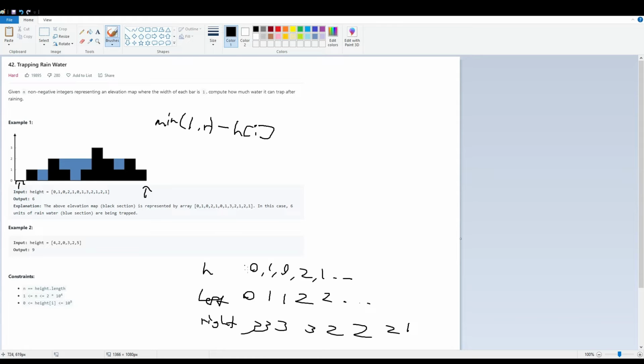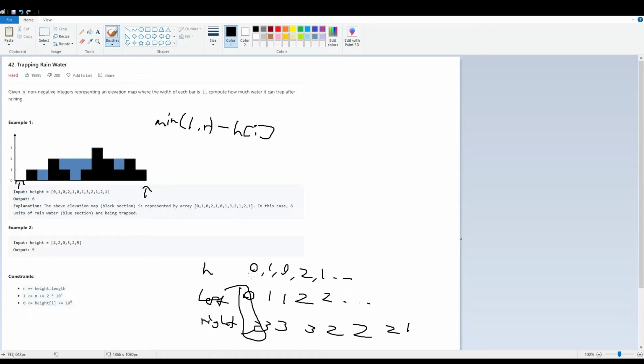And then using that, we traverse through the height array, and we use this formula to get the min of the left and right here, and subtract the height we're looking at.